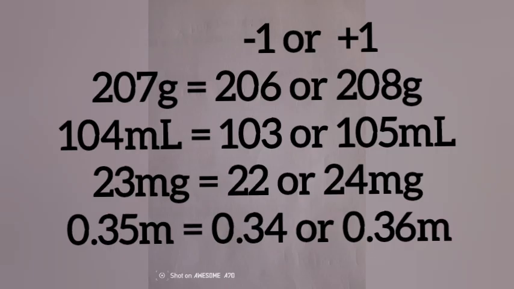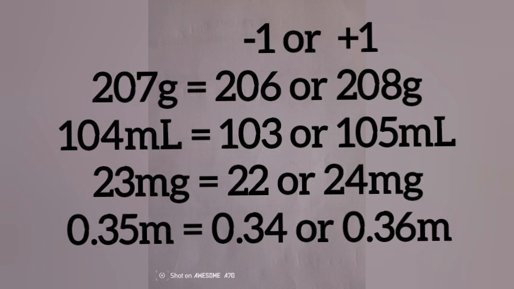Not only that, that applies, as we have said, to every measurement. For instance, if another measurement of volume was 104 milliliters, it could be 103 milliliters or 105 milliliters.